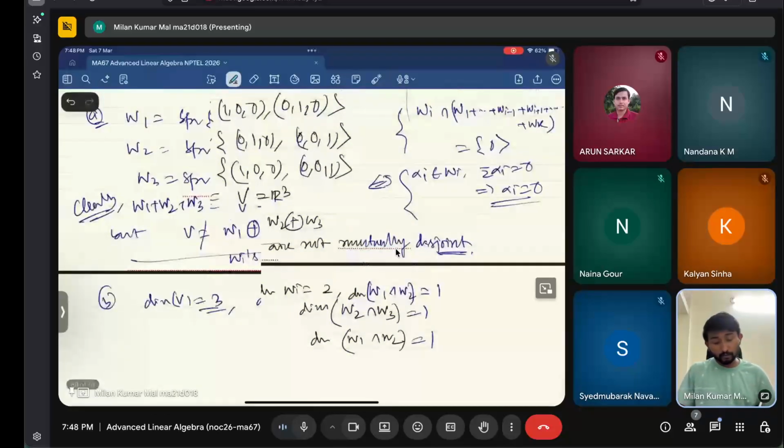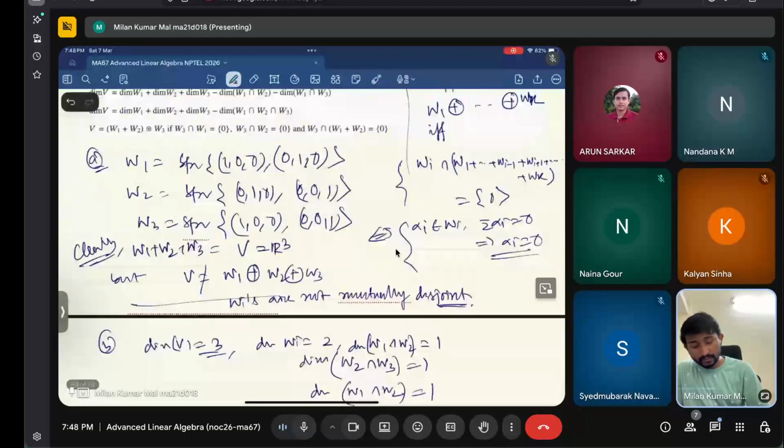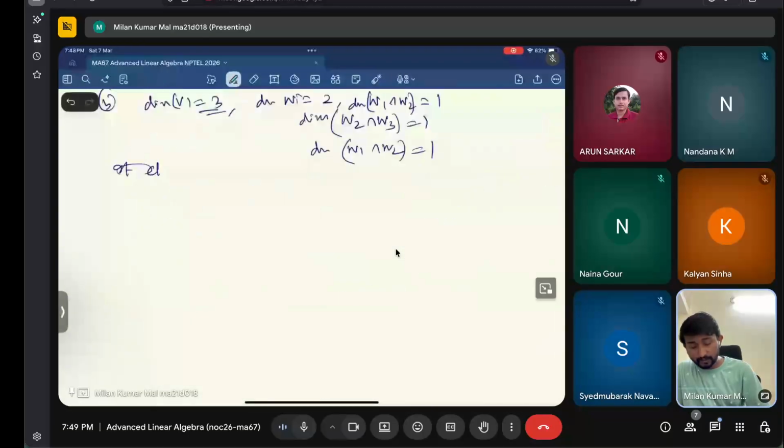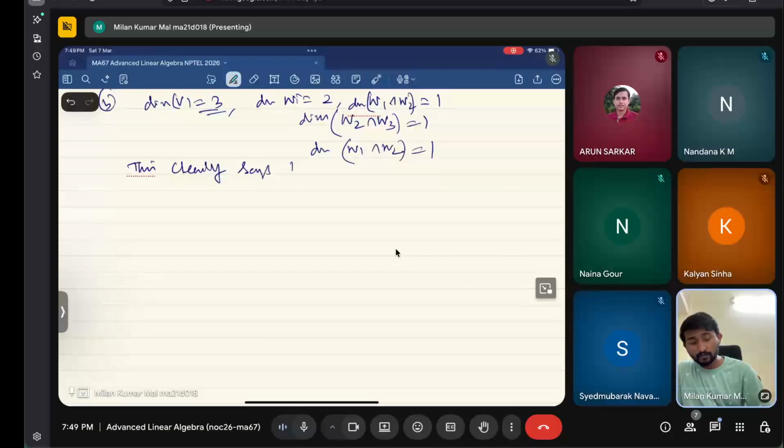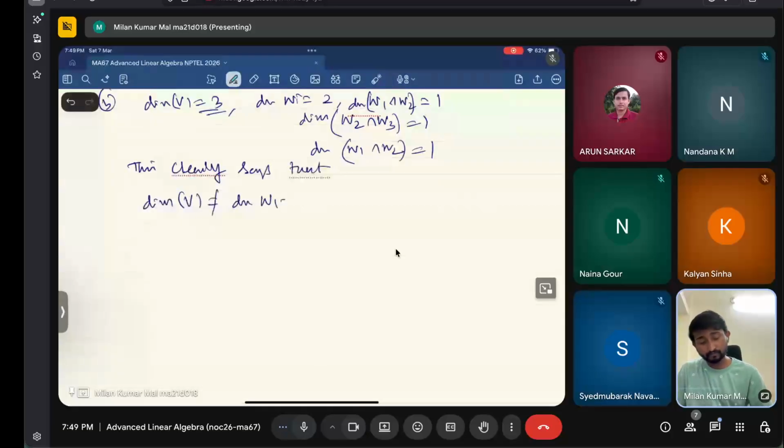So this clearly says that the dimension of V is not equal to the dimension of W1 plus the dimension of W2 plus the dimension of W3 minus the dimension of W1 intersection W2, and the other terms, W1 intersection W3.